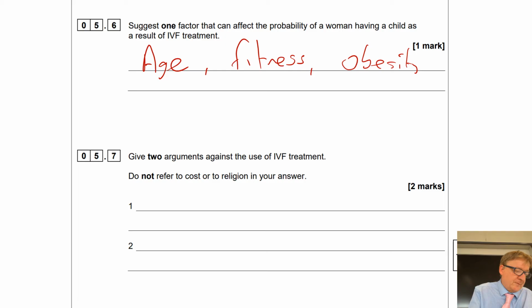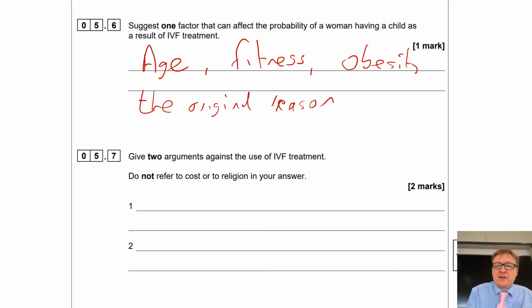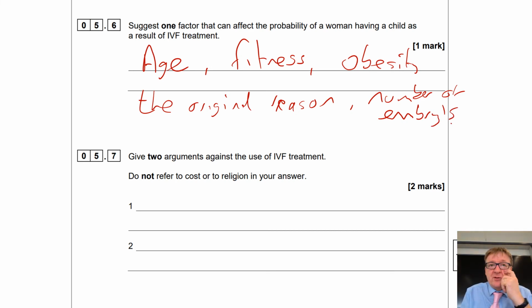The original reason matters too: if a woman can't produce eggs very well, that's obviously going to affect IVF. Also the number of embryos made. If you do IVF and only get 2 embryos, it's not going to be as successful as potentially getting 7.